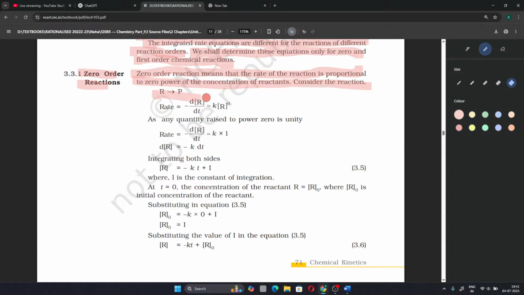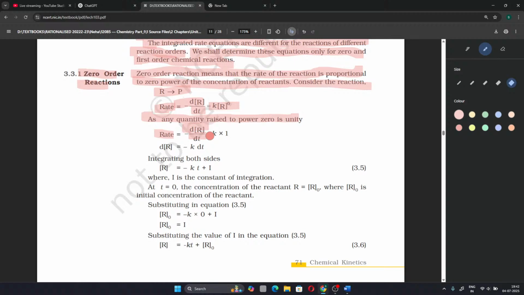Consider the reaction R to P. Rate equals minus d[R]/dt equals k[R]^0. As any quantity raised to power zero is one, rate equals minus d[R]/dt equals k times 1.